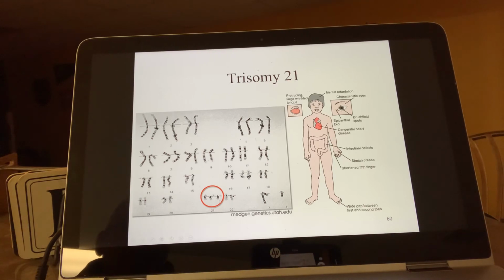Well, you end up with the array of different anatomic and structural abnormalities associated with Down syndrome or trisomy 21. And those can vary from something simple like widening of the gap between the first and second toes, the increased fold over the eye or epicanthal folds, the simian crease along the palm.